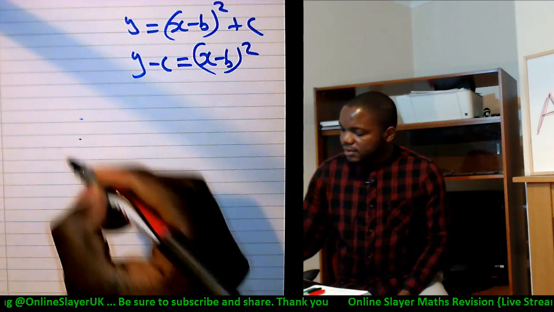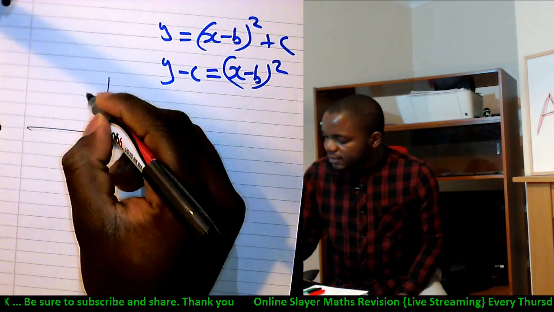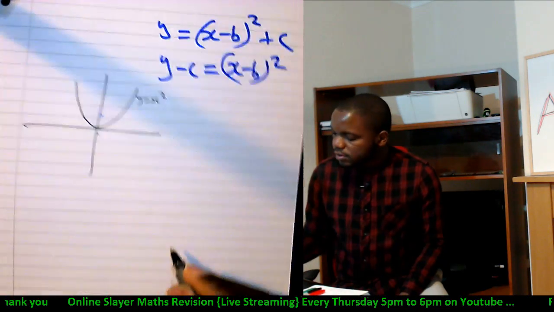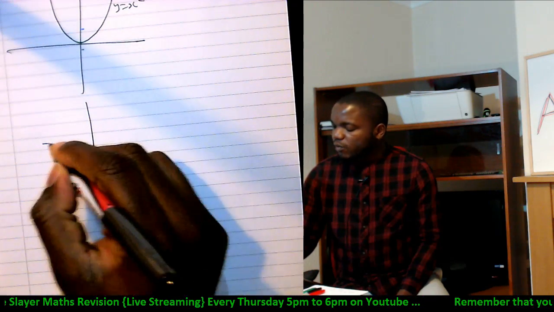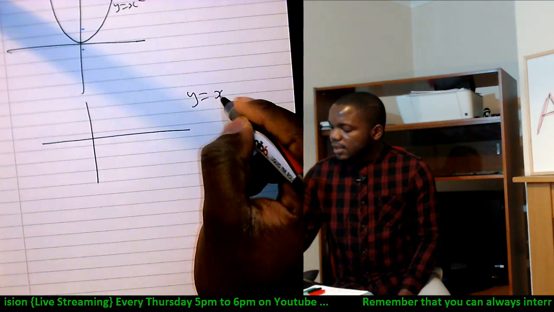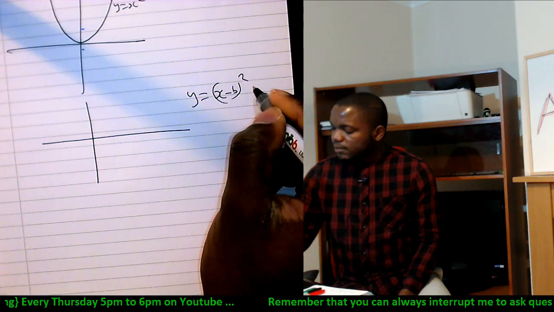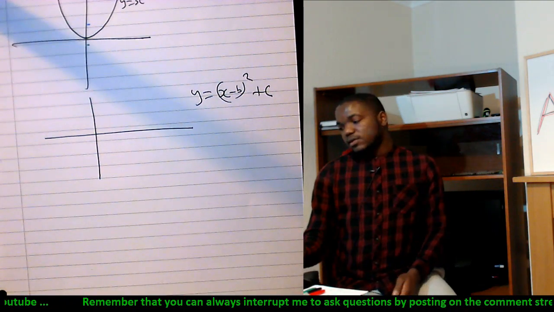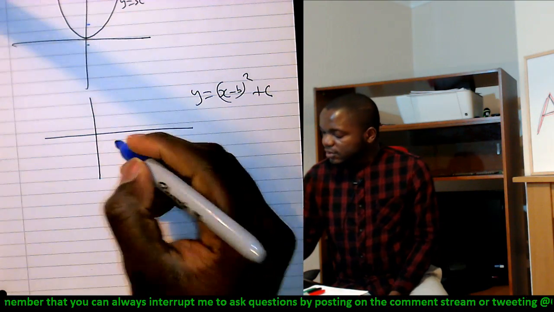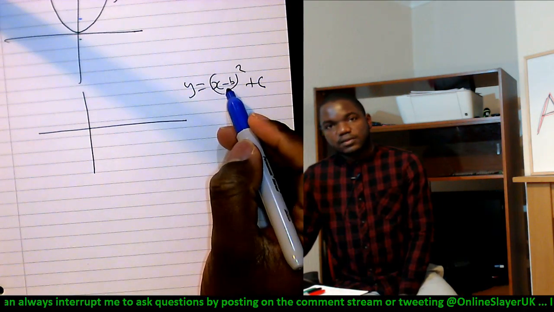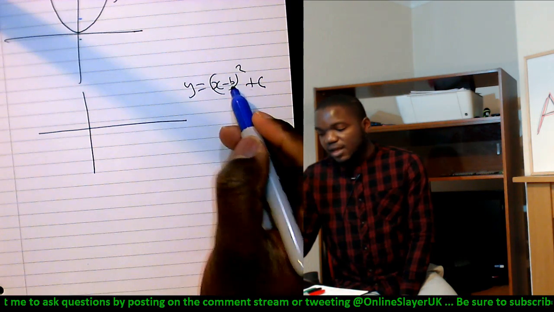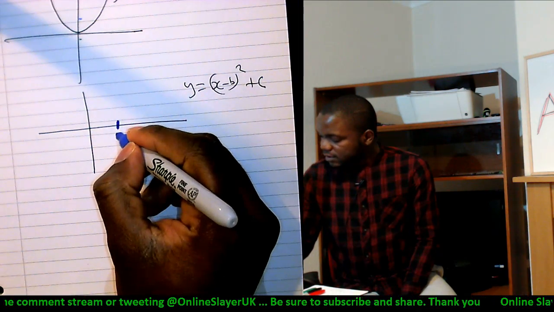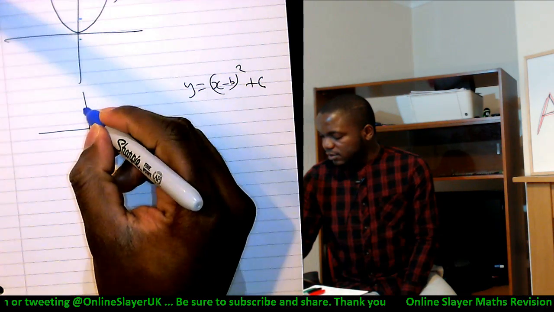All right, if this is the graph for y equals x squared, then the graph of y equals x minus b all squared plus c is going to be shifted to the right by b and shifted up by c.